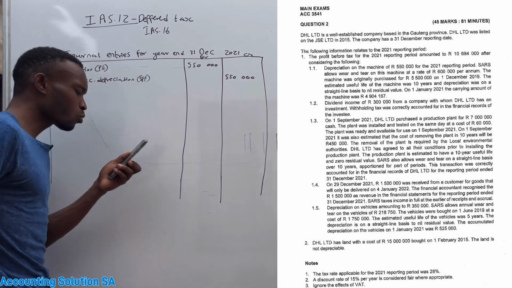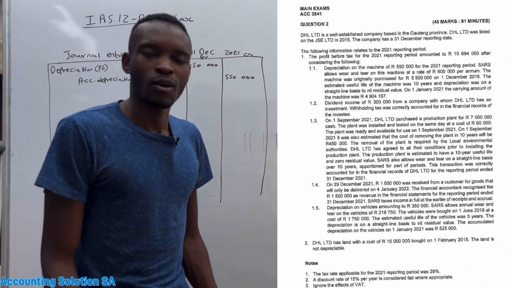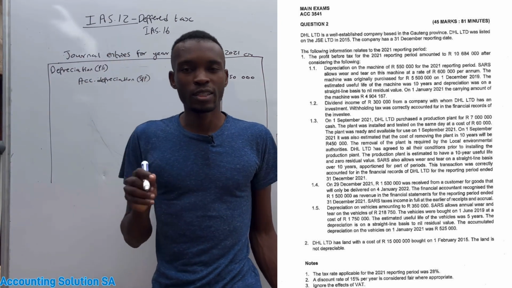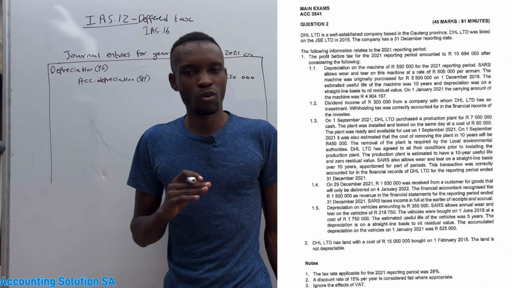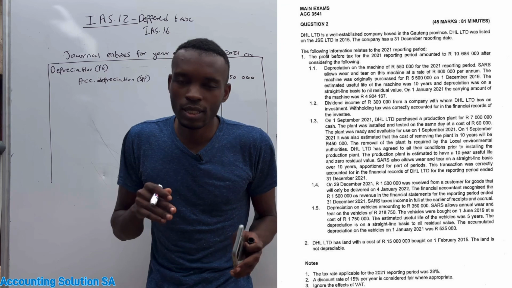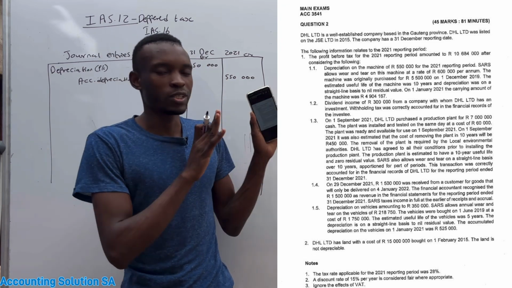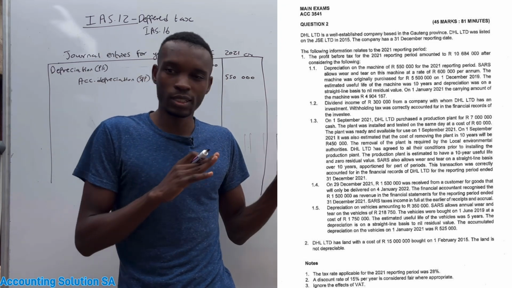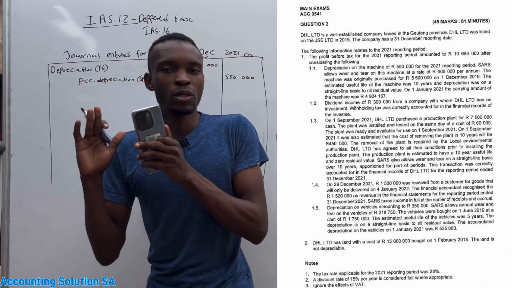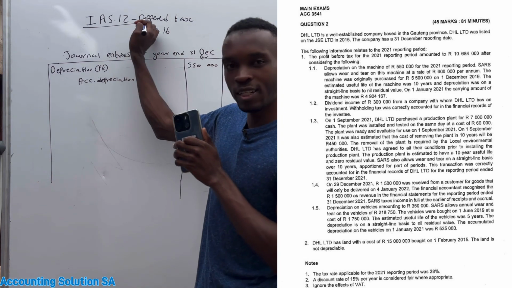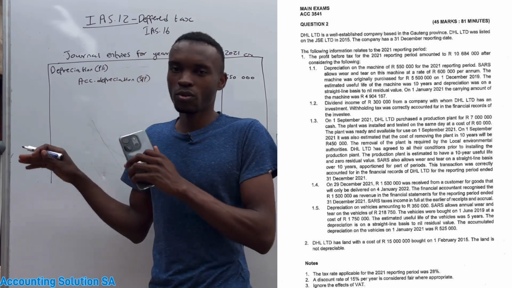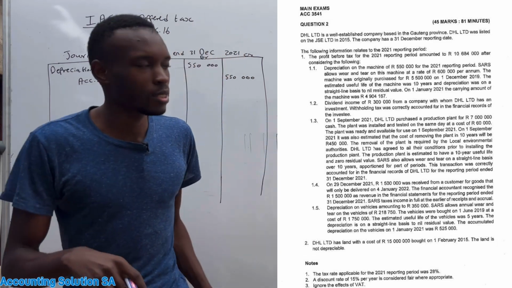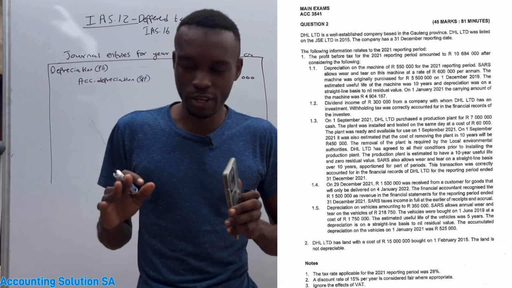But when it comes to wear and tear, guys, once we see wear and tear in financial accounting, you are in serious trouble, because wear and tear is recognized in the books of taxation or in the module of taxation, not here. What we do here is only the deferred tax, the temporary difference that has arisen. You don't record wear and tear here. It's not allowed in IFRS.